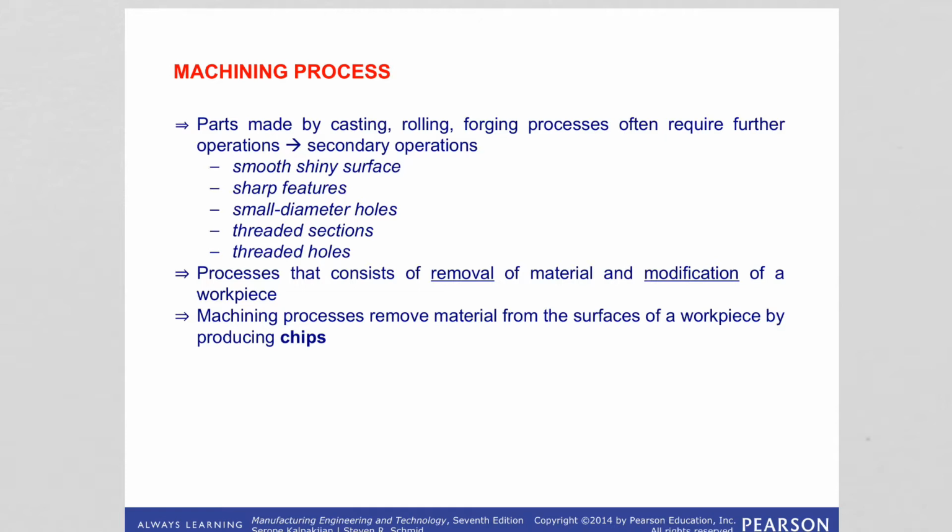We might need sharp features on our part, or small diameter holes, threaded sections, threaded holes. So machining processes consist of removal of material and modification of a workpiece. Machining processes remove material from the surfaces of a workpiece by producing chips.